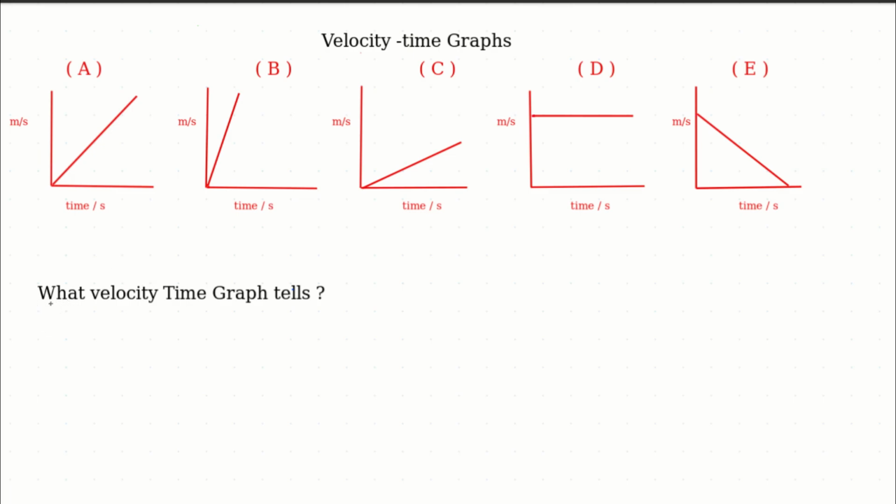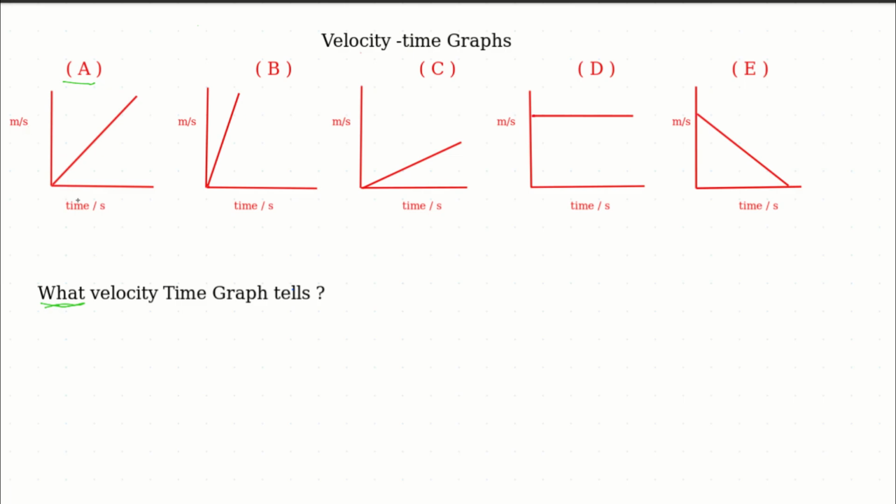To answer this question, let us take example A, the velocity time graph A. In this graph, on the y-axis we have velocity in meters per second, and on the x-axis we have time in seconds.